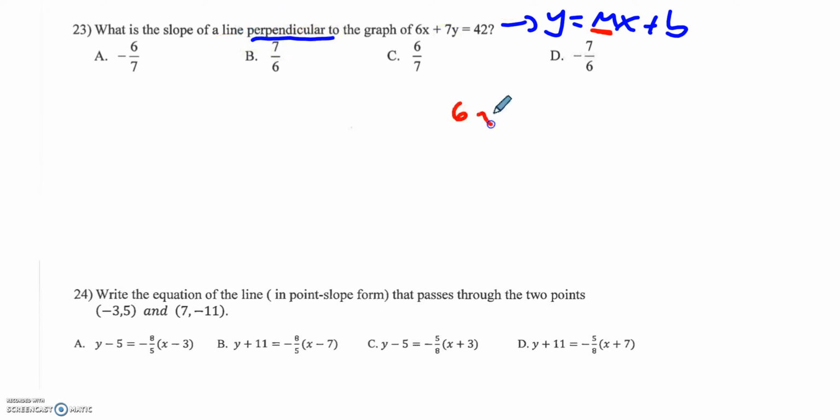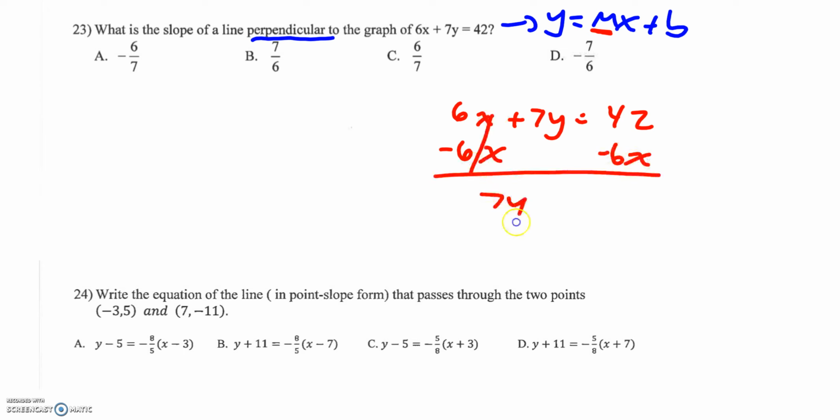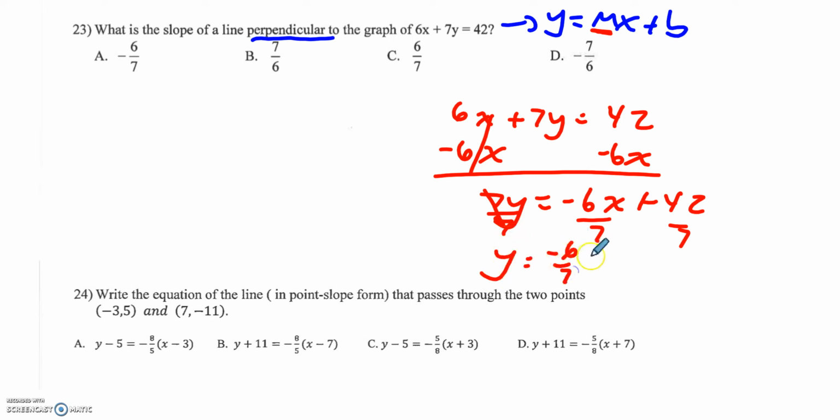So first things first, I take this equation and solve for y. If I subtract my 6x, 7y equals -6x plus 42. Then I divide everything by 7. My equation would be y equals -6/7 x plus 6.